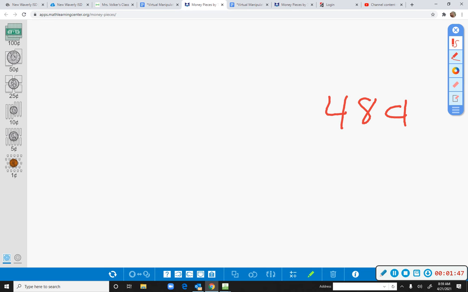I kind of messed up on the second one. 48 cents, using the least amount of coins, 48 cents.